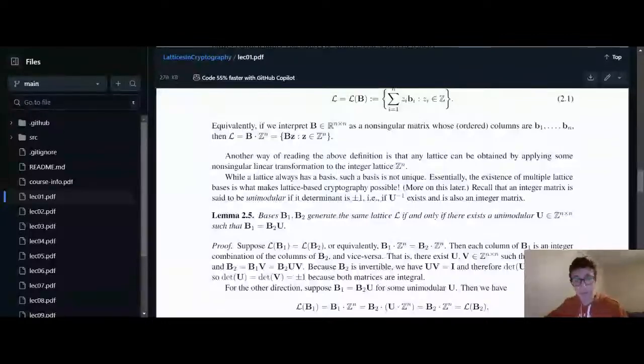Cool. Essentially, the existence of multiple. Determinant plus or minus 1.